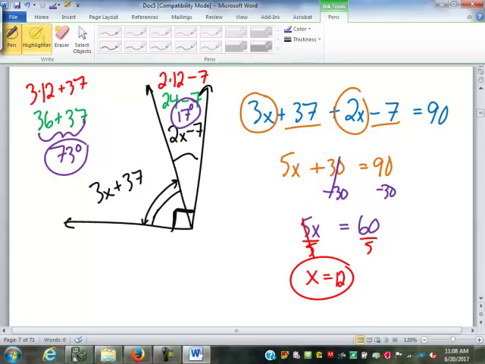And now I can double check. Do those two add up to 90? Nope. Yes, they do.